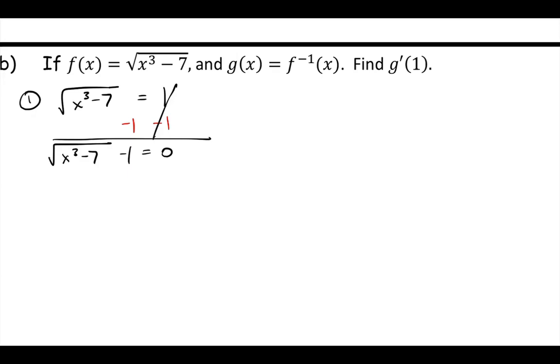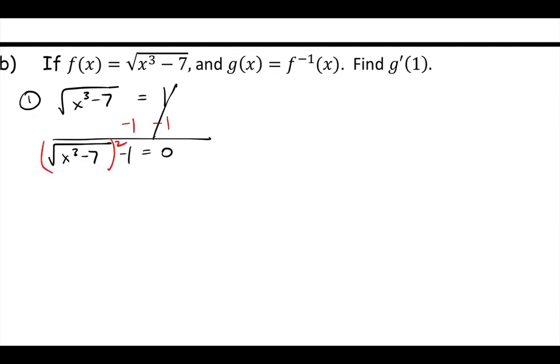The 1 I have to subtract. Yeah, that's what I need to do, right? I need to get rid of the square root. That's the first thing I need to do. So how do I get rid of the square root? Square it. Okay, let's do that. So I square it.